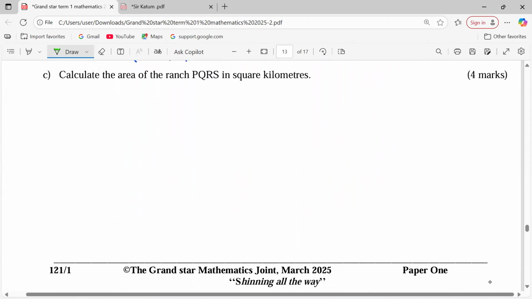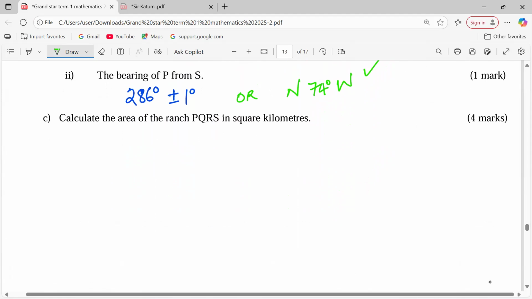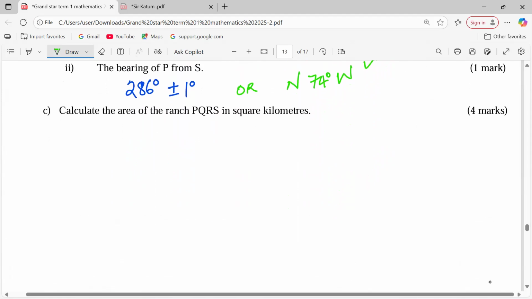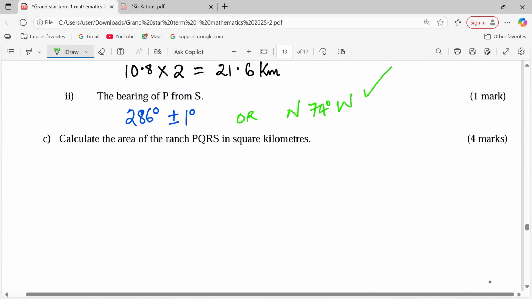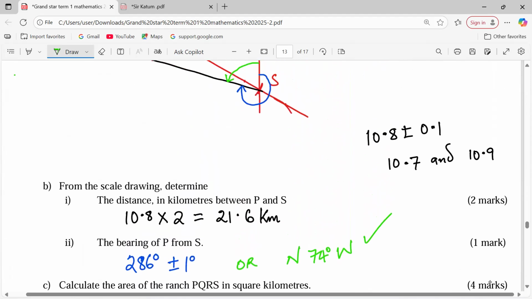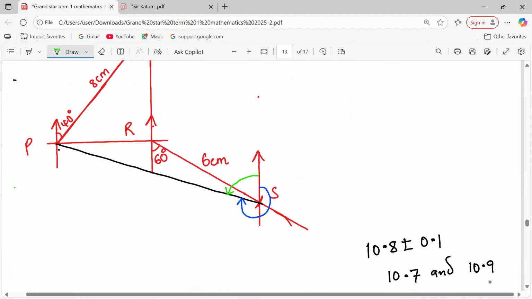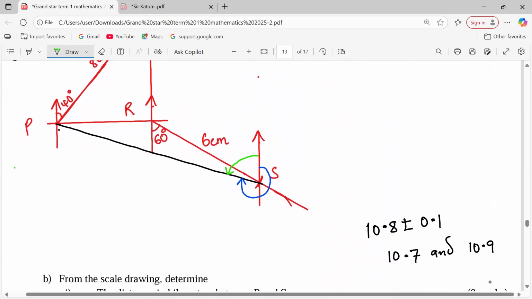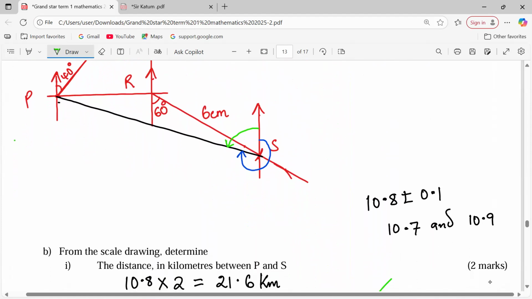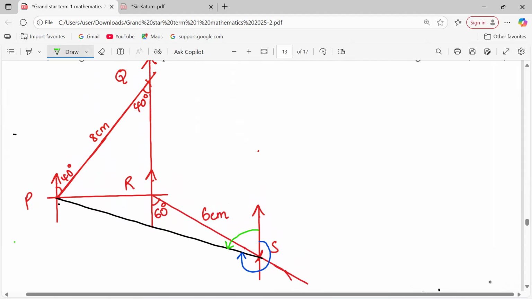Then something else that we have been told to work out in part C now is calculating the area of the ranch, PQRS, in square kilometers. So we use the actual distances now. We can have the figure divided into several parts, like this can be 1, then 2 is this one.